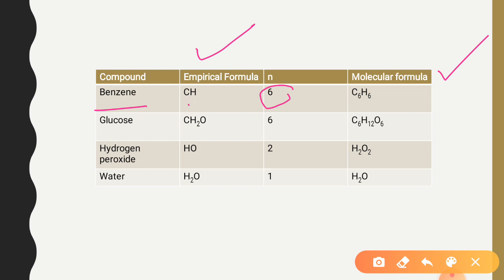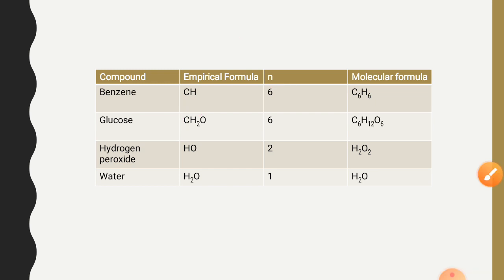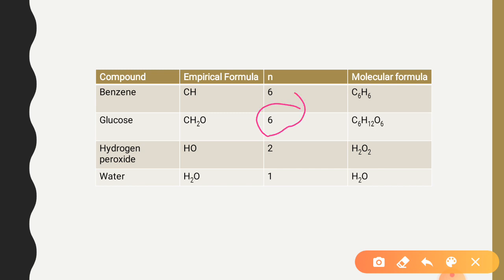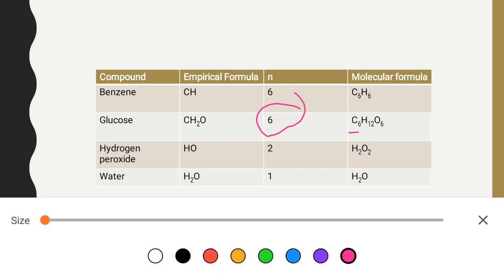Its ratio is 1:1, but if you multiply it with 6, then you will get the molecular formula. Another example, glucose. Its empirical formula is CH2O, and if you multiply it with n equal to 6, then you will get C6H12O6.